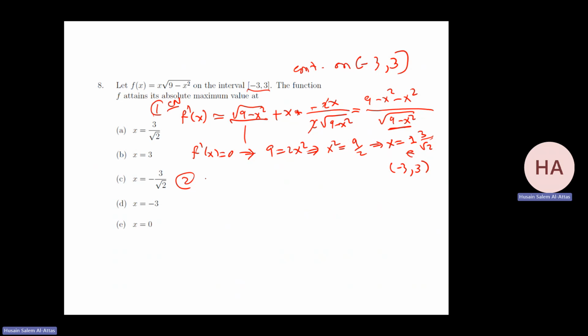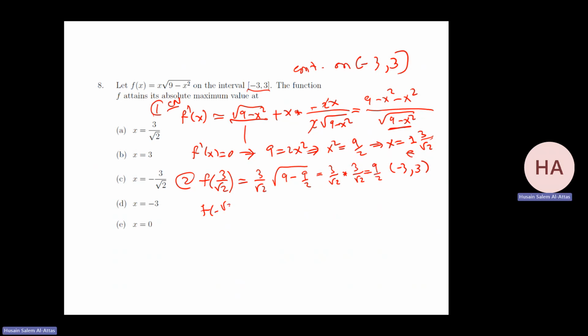So number 2, I check f at 3 over square root of 2. That gives me 3 over square root of 2 times square root of 9 minus 9 over 2, which is 3 over square root of 2 times, 9 minus 9 over 2 is 9 over 2, still 3 over square root of 2. So that gives me 9 over 2.